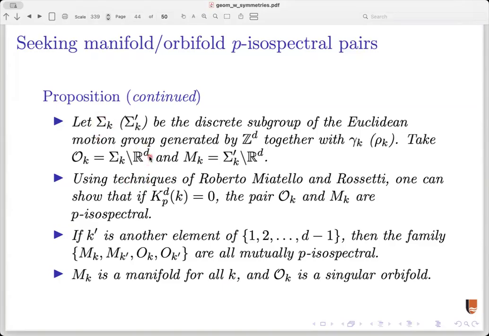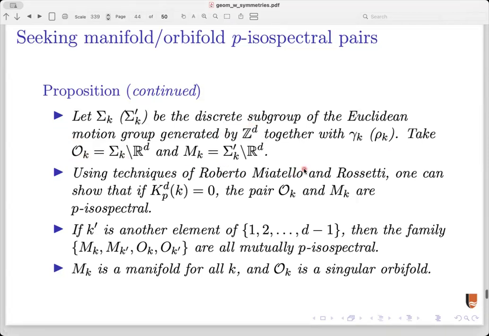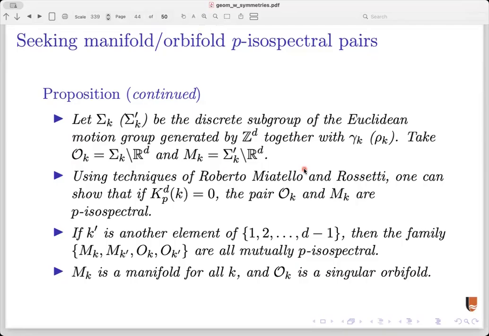If we take the quotient of R^d by this sigma_k, we'll get an orbifold. I'm asserting it's an orbifold to consider. Similarly, sigma_k prime is going to instead use the rho_k to generate an interesting subgroup of the Euclidean motions, again together with the integer translation lattice. So here we'll get O_k and M_k as the corresponding quotients.